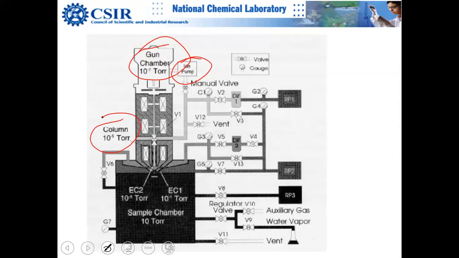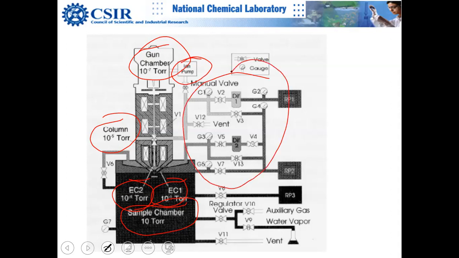Otherwise, the entire column is held at the same vacuum, but not here. In a series, they start reducing the vacuum: 10⁻⁴, 10⁻³, and the sample environment is held at 10 torr, with all kinds of valves and gauges.